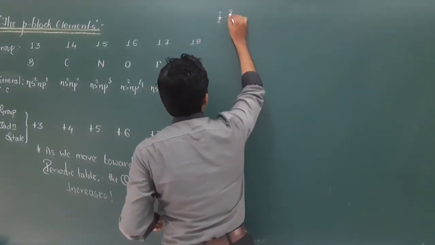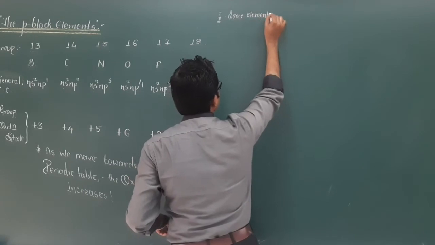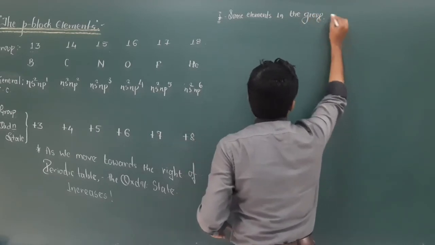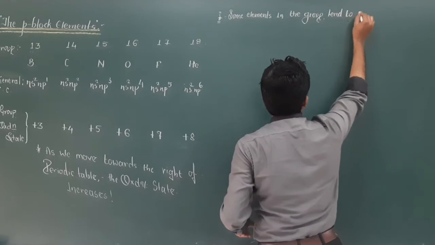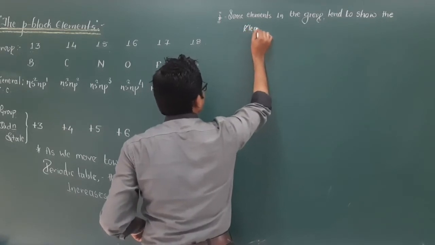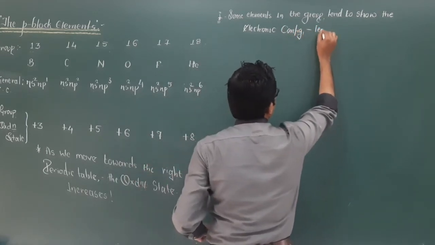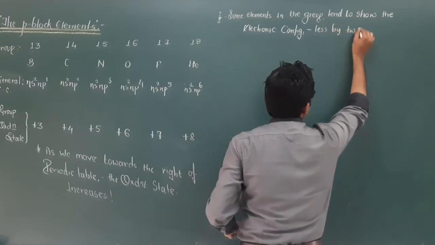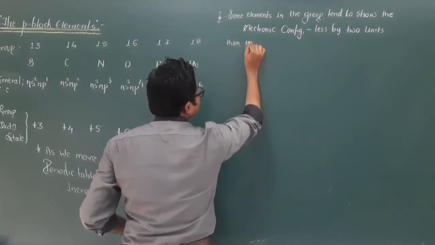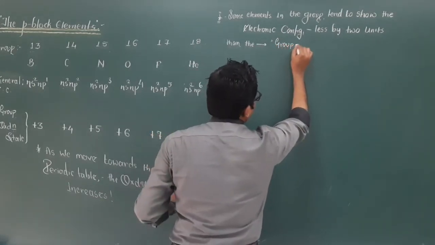So some elements in the group tend to show an oxidation state less by 2 units than the group oxidation state.